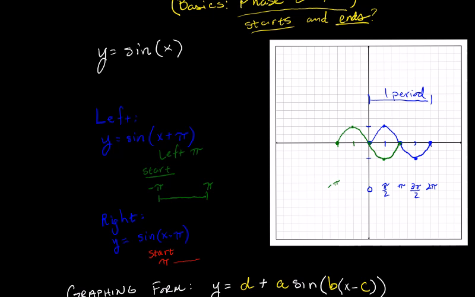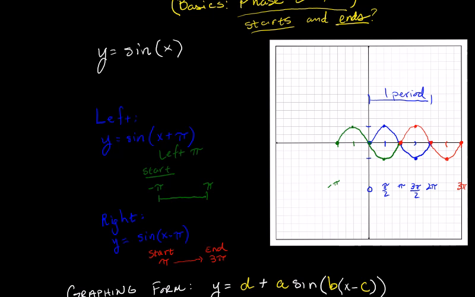And then you add the period, and it would end at 3 pi, because pi plus 2 pi is 3 pi. And if you're looking at the graph again, that would be 5 pi halves, this would be 3 pi. And so the graph would start at pi, and then go up, down, down, and then back up again. And so there you have the new sine curve shifted to the right pi.